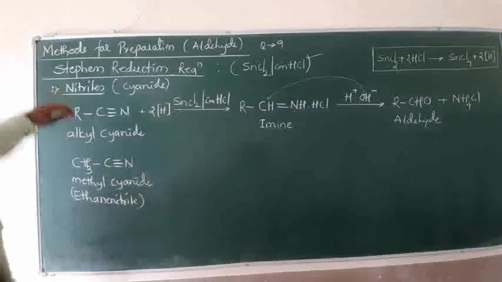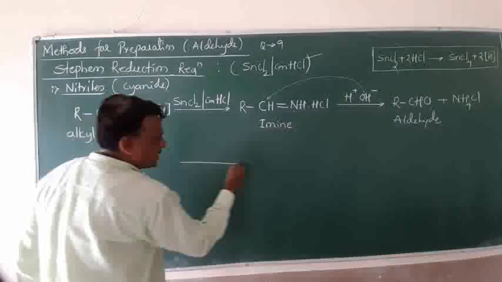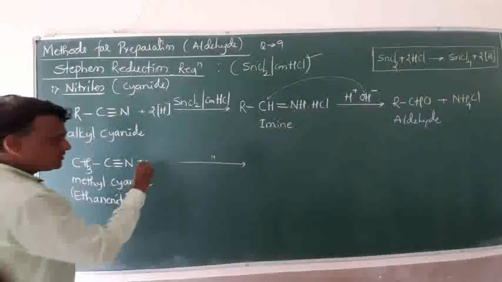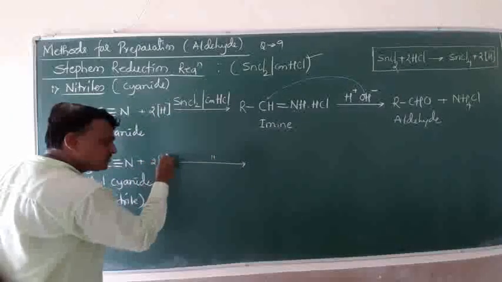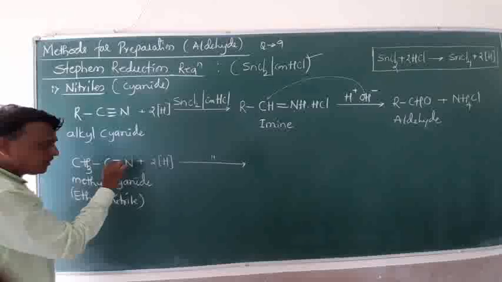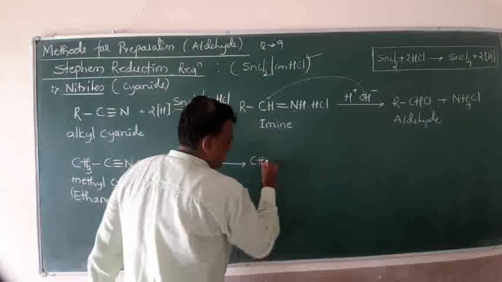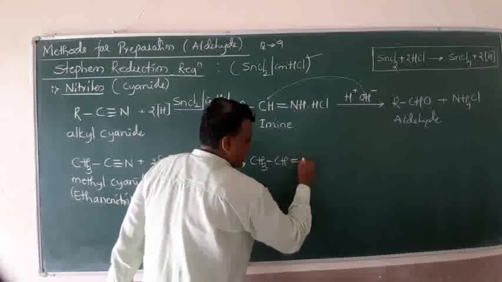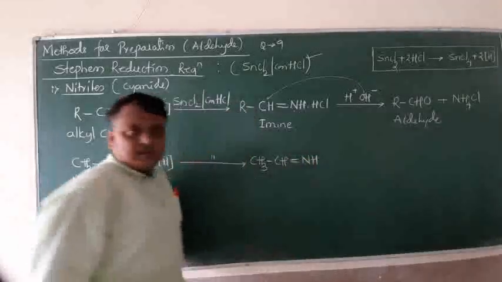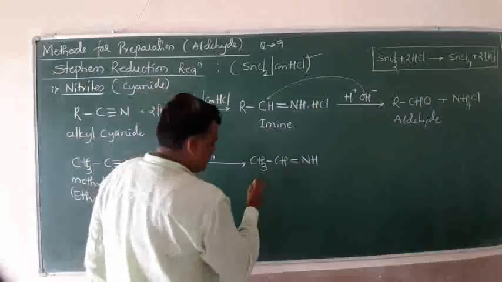Yes. When this ethane nitrile undergoes the same reduction, it takes two nascent hydrogen. The cleavage of this pi bond gives CH3CH=NH. So what about the name of this compound?